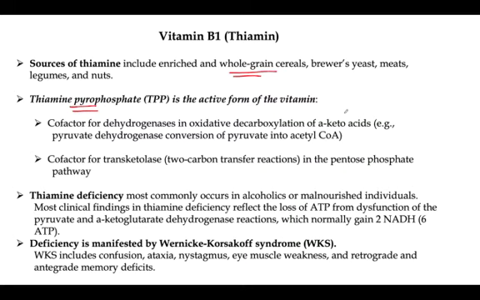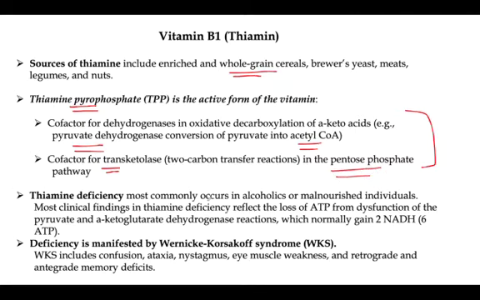And if you remember your lectures from biochemistry, thiamine pyrophosphate acts as a cofactor for pyruvate dehydrogenase, which is responsible for the conversion of pyruvate to acetyl coenzyme A. And acetyl coenzyme A feeds into the TCA cycle. And the other important enzyme where TPP acts as the cofactor is transketolase, which is involved in the pentose phosphate pathway.